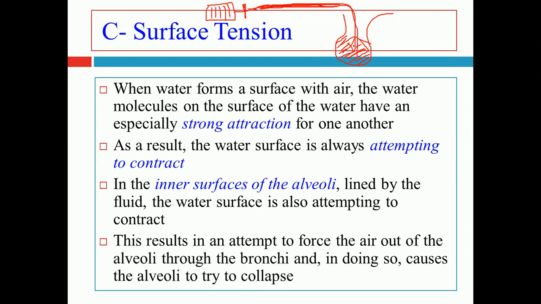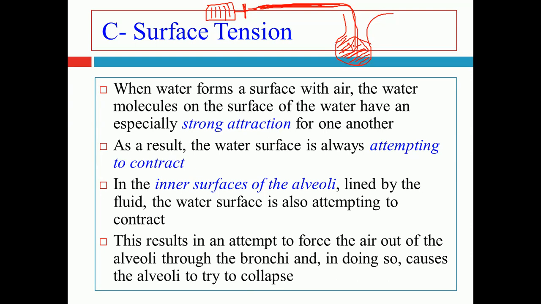So what is actually surface tension? This moisture, this water will form a tense layer. When water forms a surface with air, the water molecules on the surface of the water have an especially strong attraction for one another. As a result, the water surface is always attempting to contract, as it is with your tea, the upper layer of the hot tea.